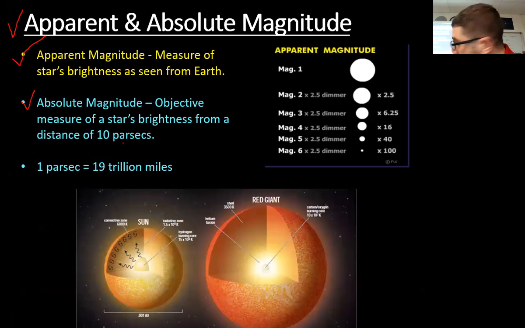A parsec is a unit of measurement for space. We'll learn about other ones like astronomical unit and light years another day, but just know a parsec is one of those. A parsec is about 19 trillion miles. I think it's the farthest unit we can measure in astronomy. So pretty amazing stuff.